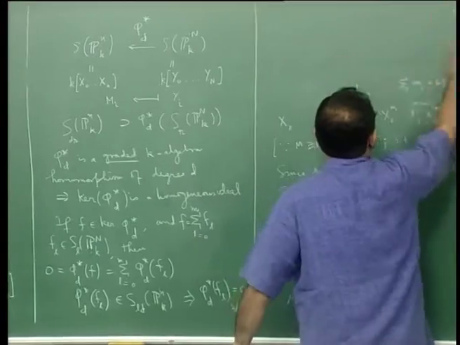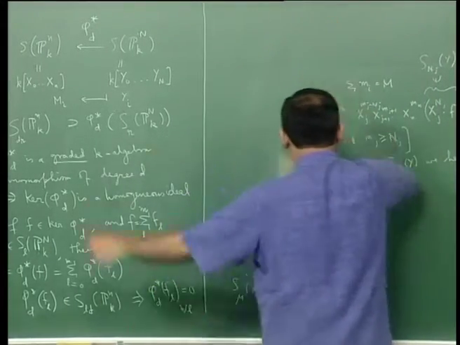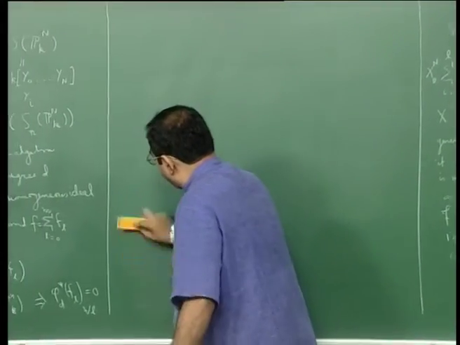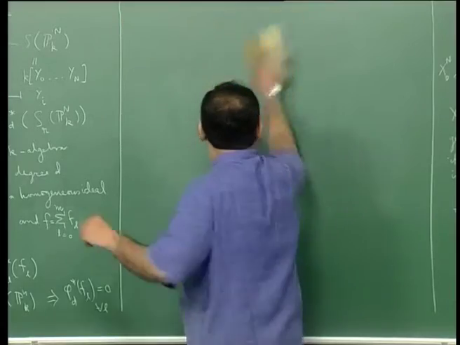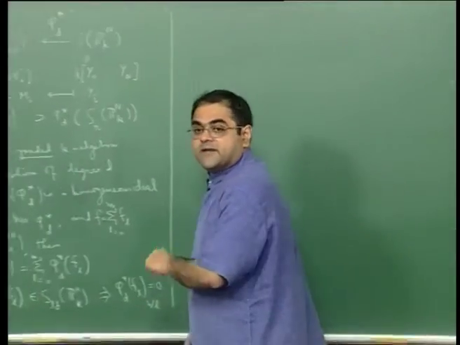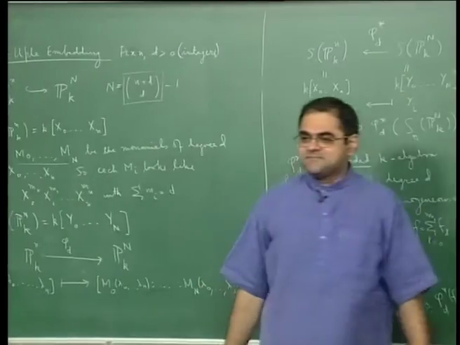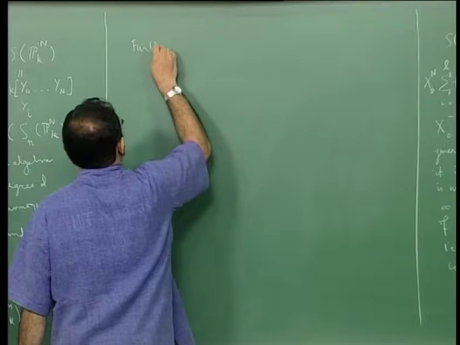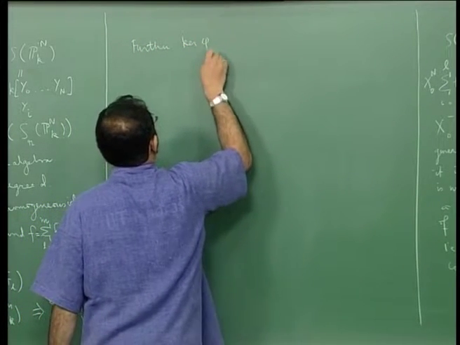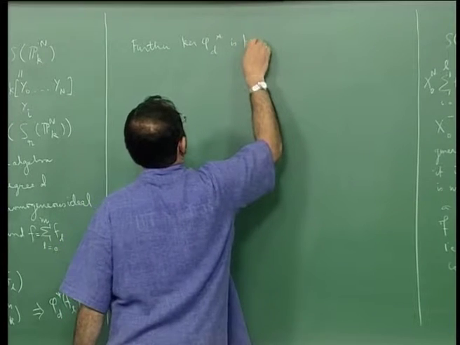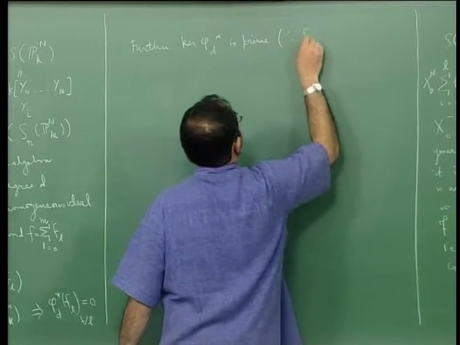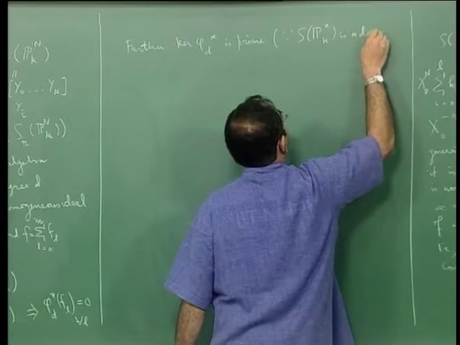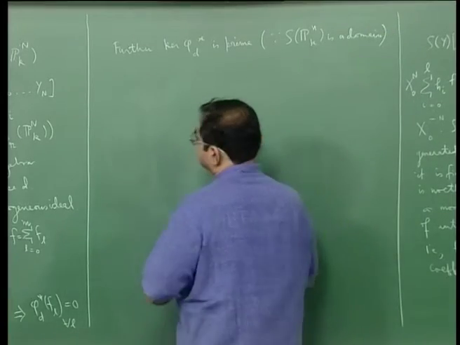So the moral of the story is that this kernel of φ_d^* is a homogeneous prime ideal, and therefore its 0 set will define a projective subvariety, a closed subvariety of the bigger projective space, and the claim is what is that closed subvariety of the bigger projective space? It is actually the image of this. So further, the kernel of φ_d^* is prime since S of P_n over k is a domain, the target is a domain.